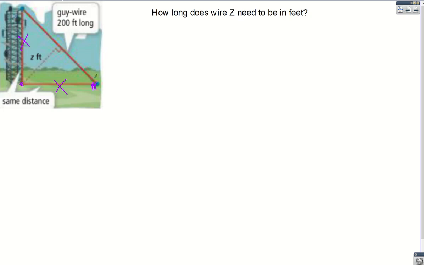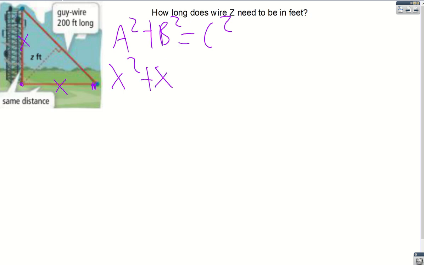They measured it as they pulled it up and said it was 200 feet, which means that this whole triangle can be measured with a squared plus b squared equals c squared, where a is x, we don't know it, b is also x, we don't know it, but c is 200 feet.